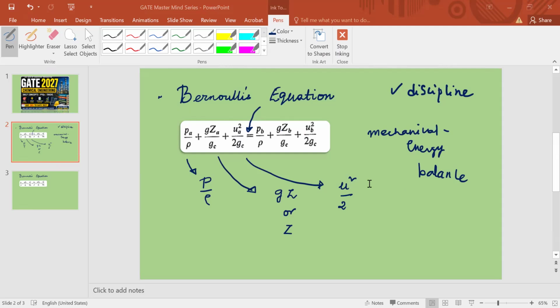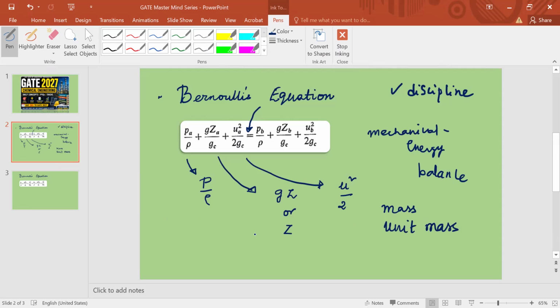Okay. Right. Now, this is all mechanical energy effect. See, anywhere you look, there is nothing mentioned with respect to the mass. That means we are referring here to unit mass. Generally, when you write kinetic energy, how do you write?